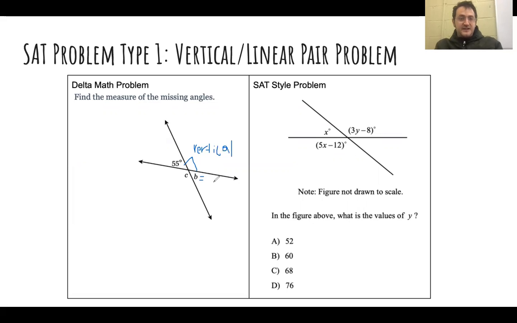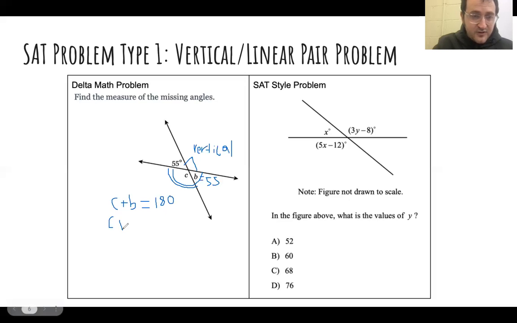So I could immediately say that angle B is 55. And then I can add C plus B to 180. So C plus 55 equals 180, and then we're just going to subtract that.